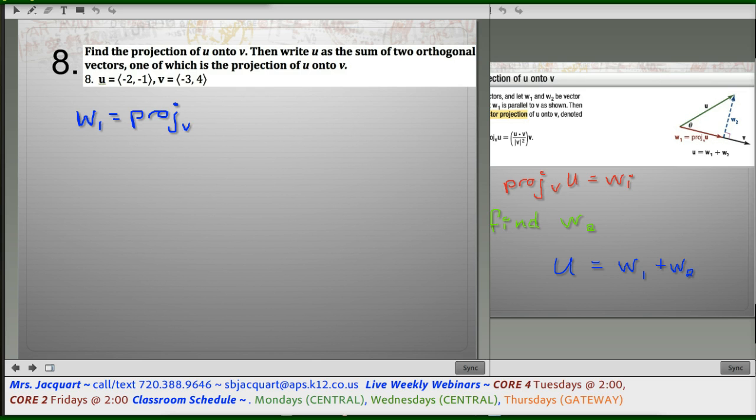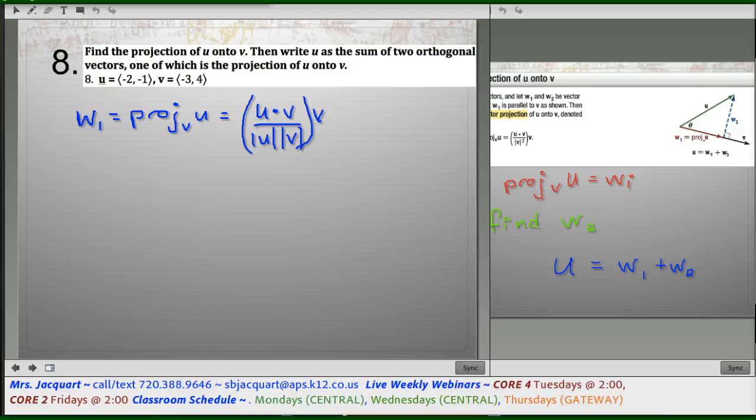Projection of U onto V is written as U dot V all over their magnitudes, then times the vector. Let's plug in what we have.